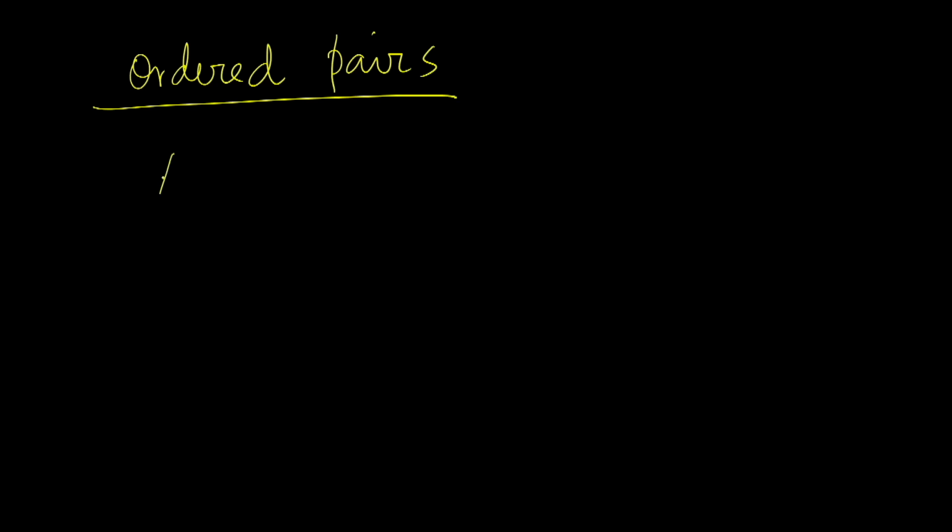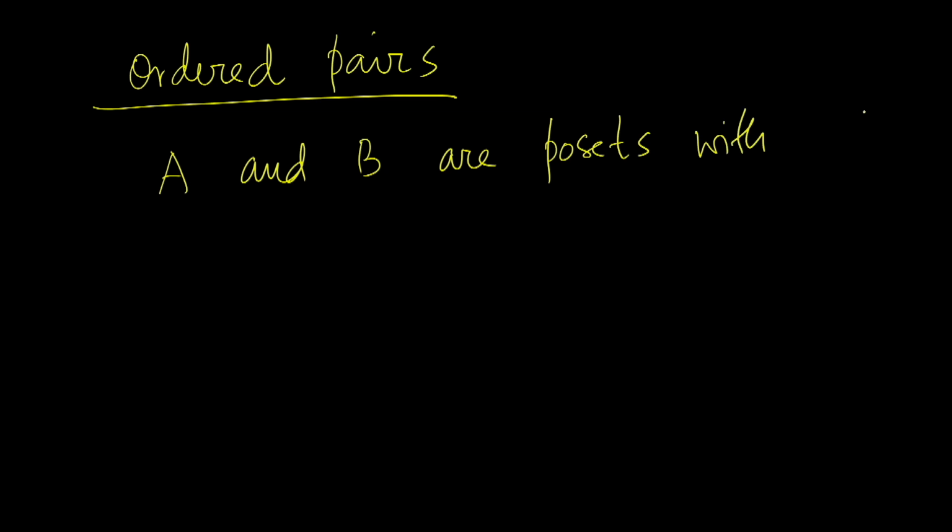Considering various orderings, let us consider ordered tuples. First, let us consider ordered pairs. Let us say A and B are posets with the less than or equal to relation or any generic precedence relation.